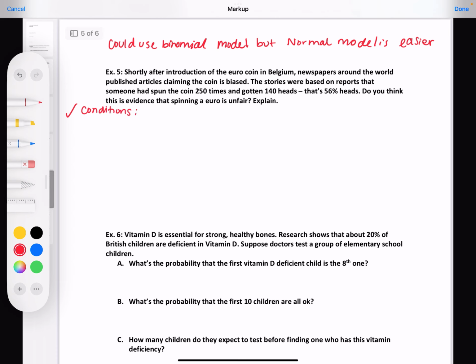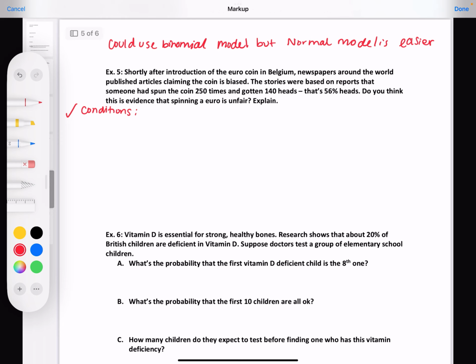Usually I just say to make a note that you've checked the conditions. Pretty much all the problems that say to use the normal model can use the normal model. It's very rare that you have one that doesn't meet the conditions, but at least tell me that you thought about it. Normally I would just say checked conditions. But I'm going to write them out just so you get used to seeing them, because it does come up as multiple choice questions sometimes.